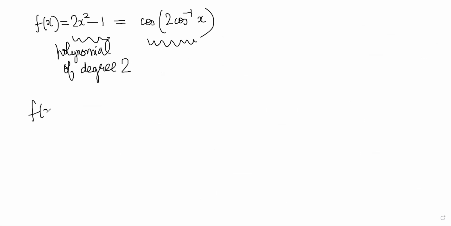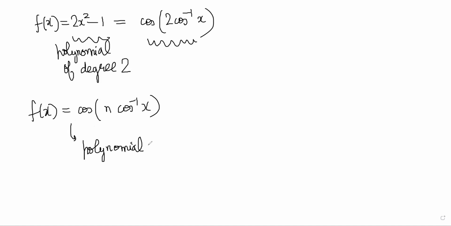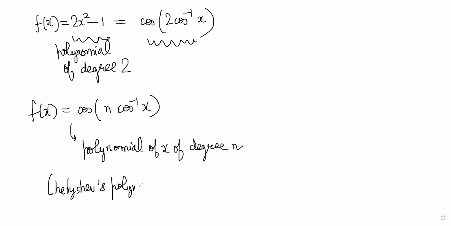In case you have a function like f of x equal to cos of n cos inverse x, you will end up getting a polynomial of x of degree n. And these types of polynomials in theory are known as Chebyshev polynomials, and they have a lot of application in higher physics and maths. So you should know that as a normal trivia fact.